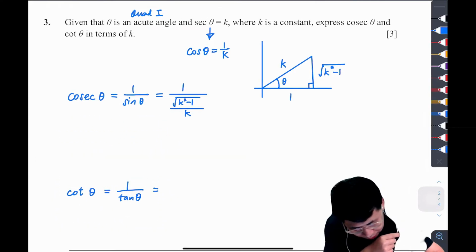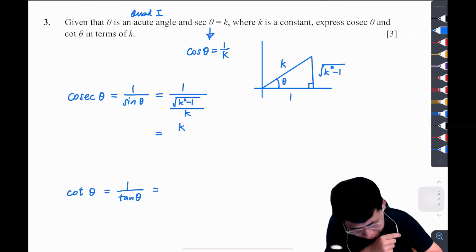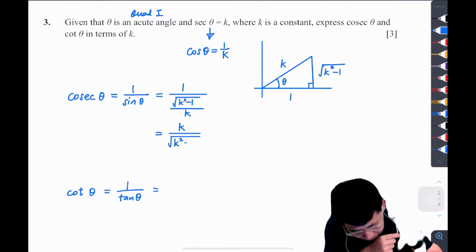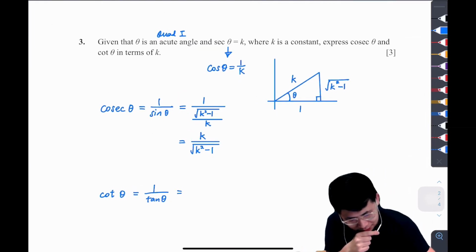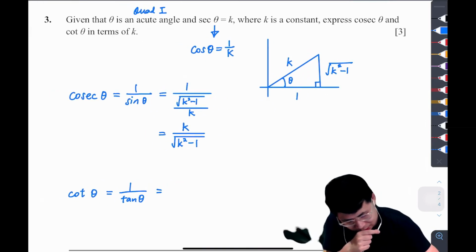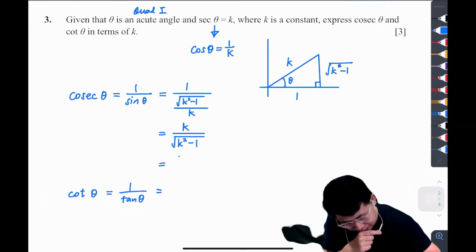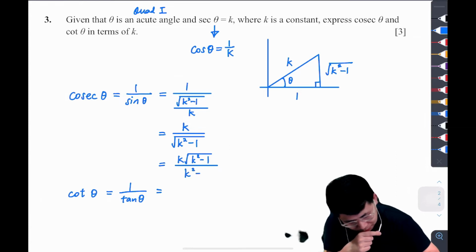So this would be equal to k over the square root of k squared minus 1. I'm keen to keep the answer like this, but some people say they need to rationalize, so I'm just playing safe by rationalizing. So I have this one over the square root of k squared minus 1.